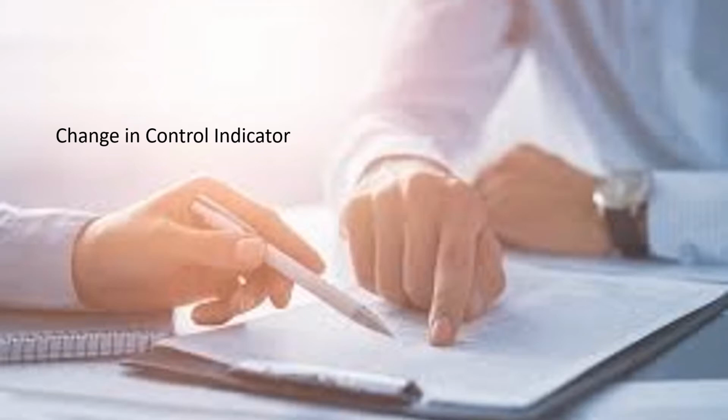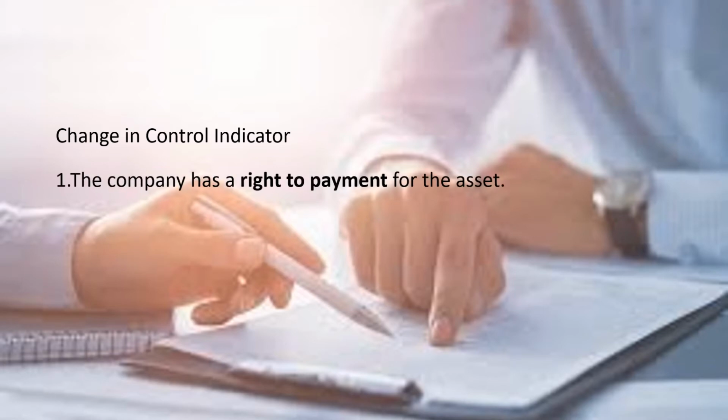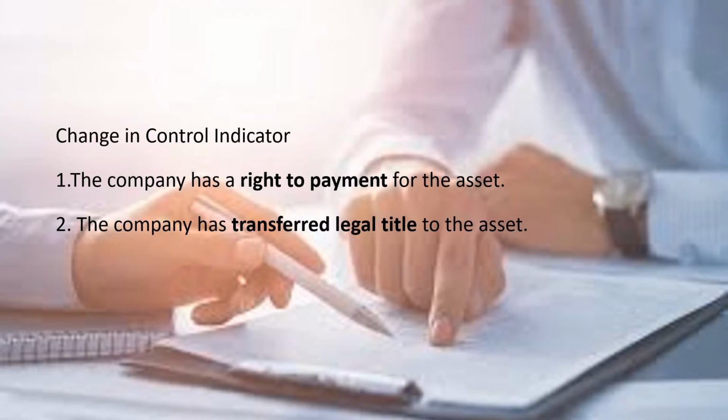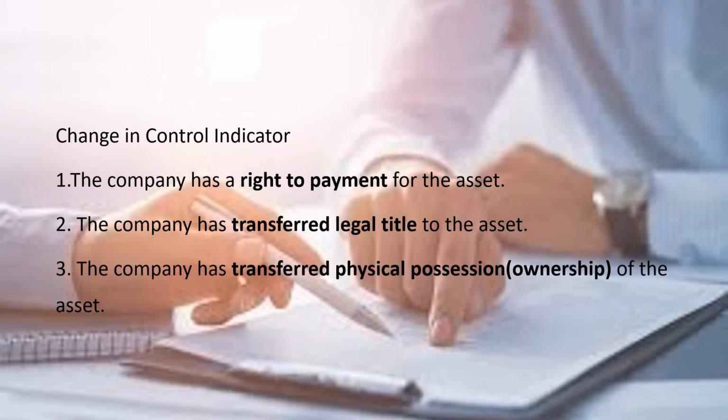When it comes to the company, there are three ways of revenue recognition: when it has the right to payment for the asset, or the company has transferred legal title to the asset, and finally, the company has transferred physical possession of the asset.